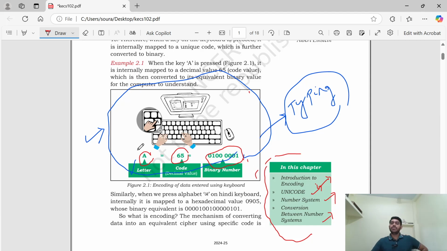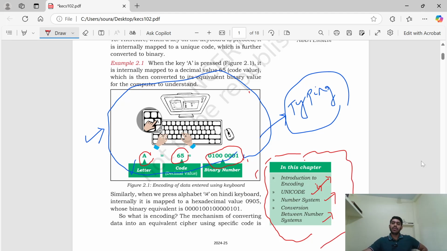Sometimes it will be a little bit hanging. So let's see how they convert different letters and symbols to a particular code.